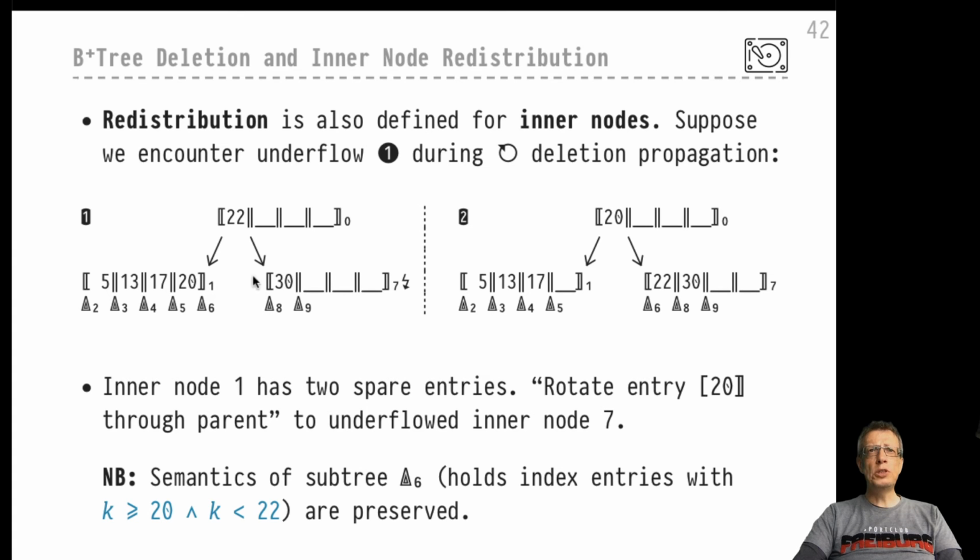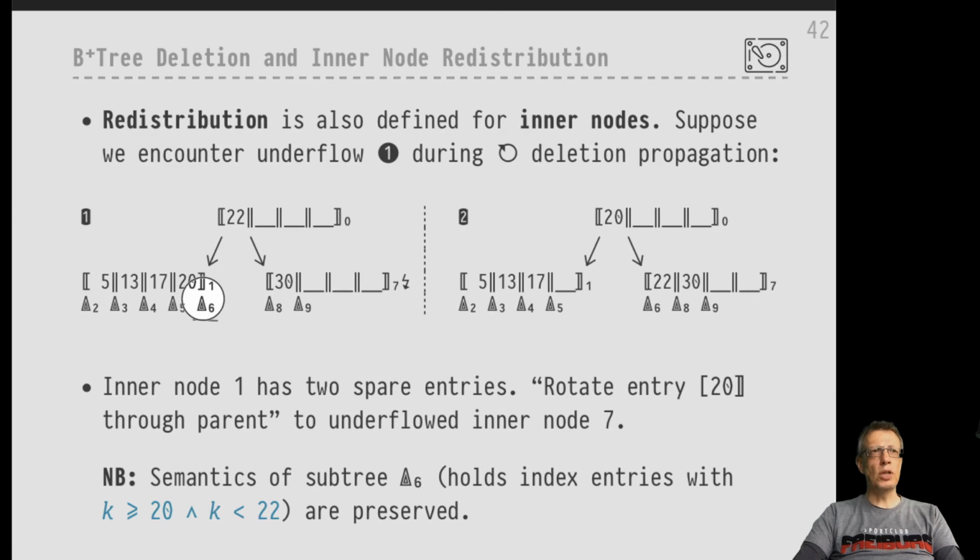So in this original situation, let's look at the semantics of subtree 6. Looking at the separator values, which values do we expect to find in the subtree 6? These are the values that are less than 22 and larger or equal than 20. After all this manipulation, what do we find here?